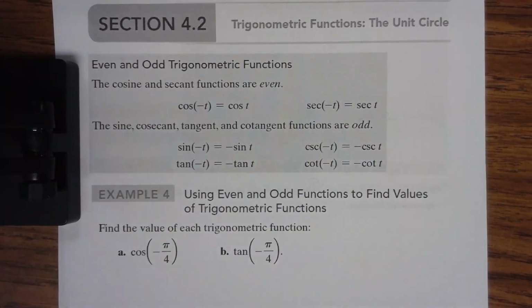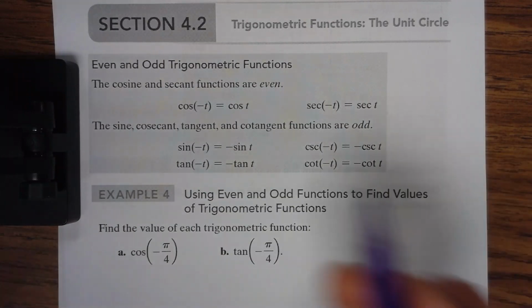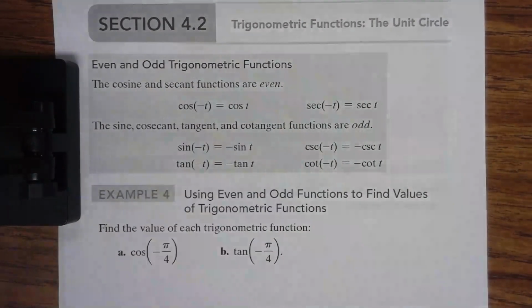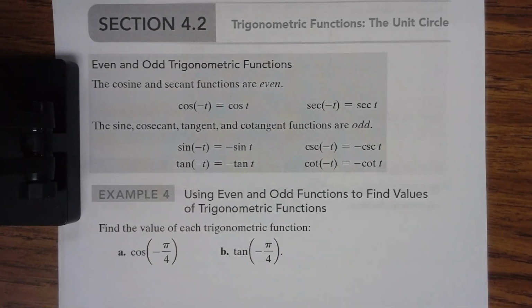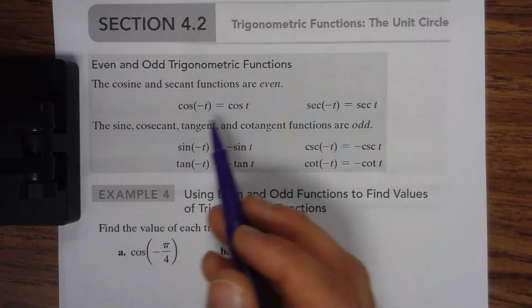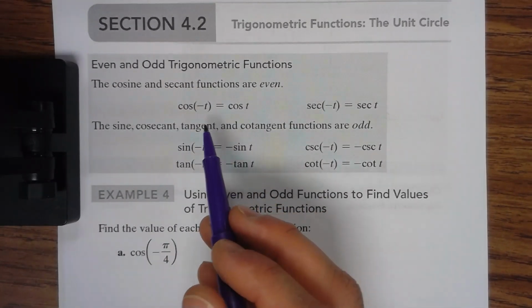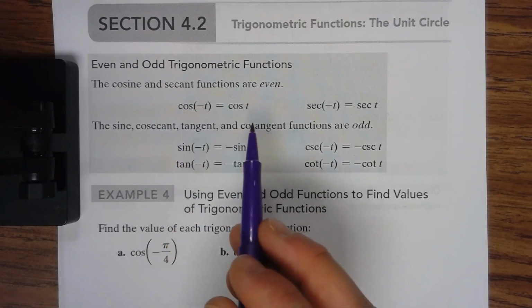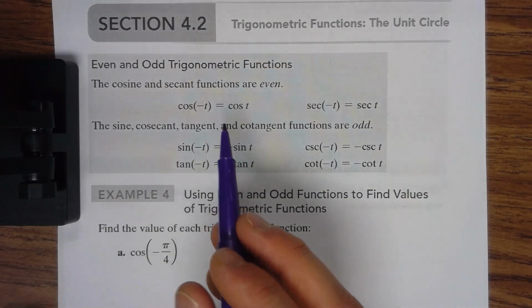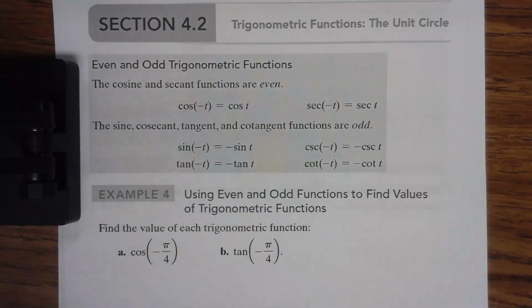All right. The first thing is even and odd trig functions. That's the same property that we talked about first semester, with a function having even symmetry or odd symmetry. We can work this out to prove these, but we're not going to do that. We're just going to use the fact that some of these functions are either even or odd, and that allows us to find values of cosine, sine, all of our trig functions.